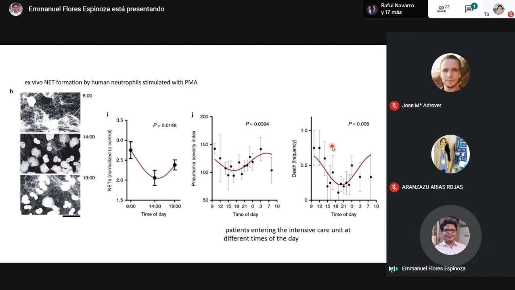So this indicates that maybe the process of neutrophil disarming, the neutrophil proteome, and the capacity of NET formation and degranulation change across the day and may impact the severity of the damage in inflamed tissues like the lungs where neutrophils arrive.